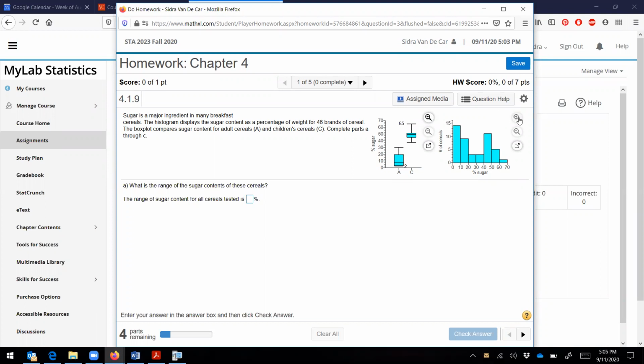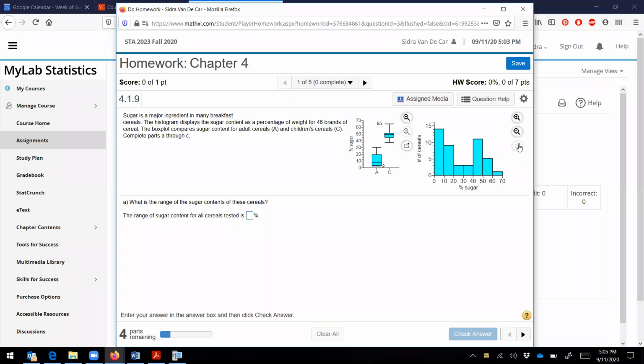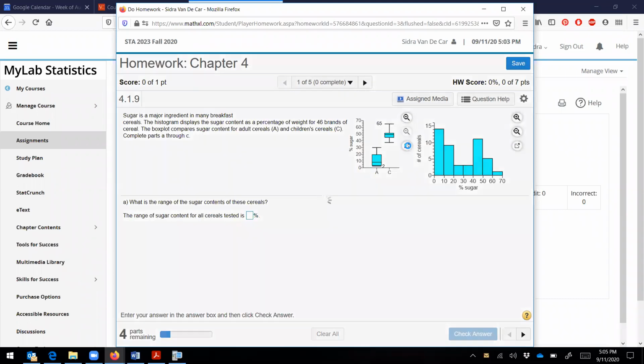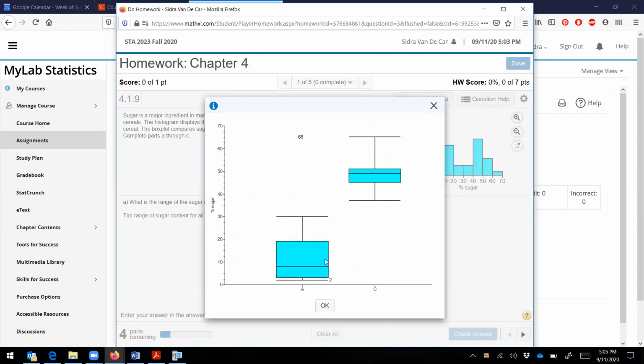Notice that if I pop this a little bit bigger, there we go, I can see that the percent sugar is ranging from 0 to 70. And in my box plot, I can again see that the sugar content is ranging from, it looks like 1 up to 65.